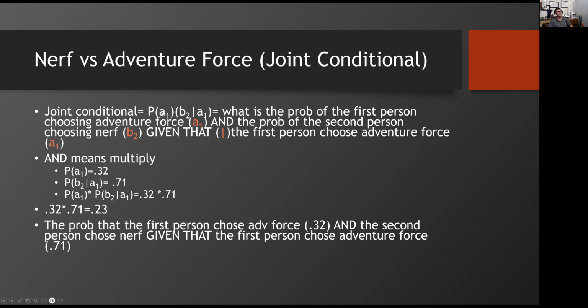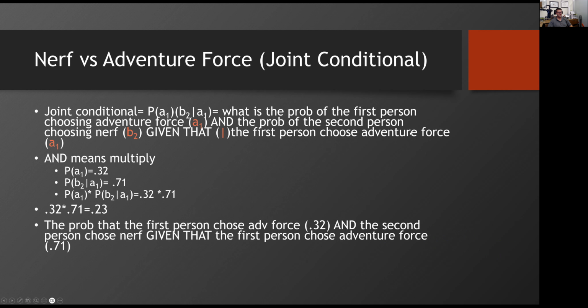What is the probability that the first person will choose an Adventure Force blaster and the probability that the second person will choose a Nerf blaster, given that the first person chose an Adventure Force blaster? That's how you read that: probability of A1 multiplied by probability of B2, given A1.